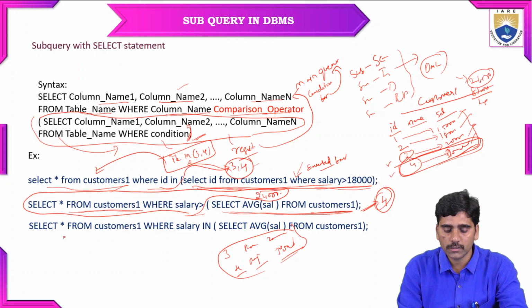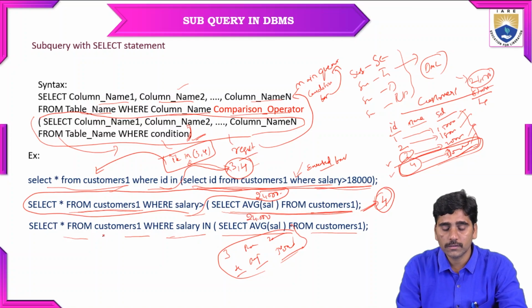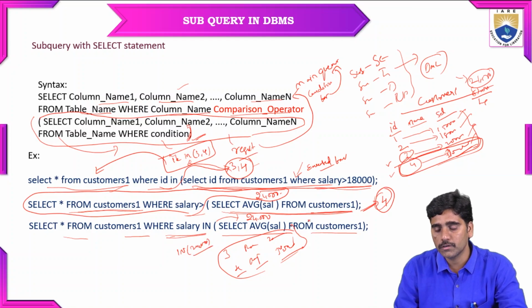And the next one, select star from customer 1 where salary in (select average salary from customer 1). Here the same result will be applied, 24,000. So the condition is salary in 24,000. Is there anybody having a 24,000 salary in this table?